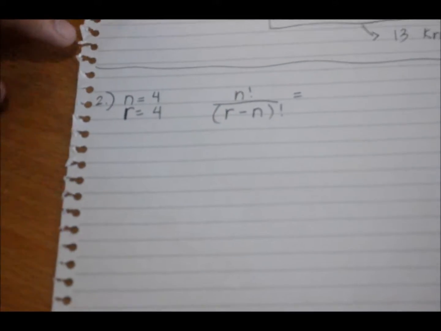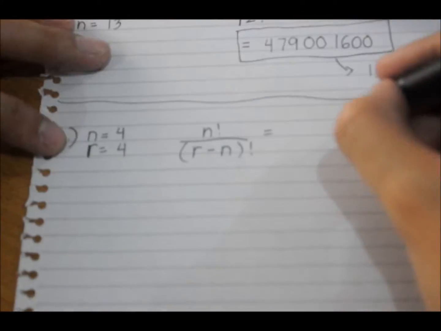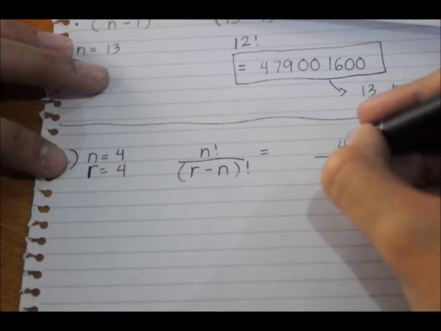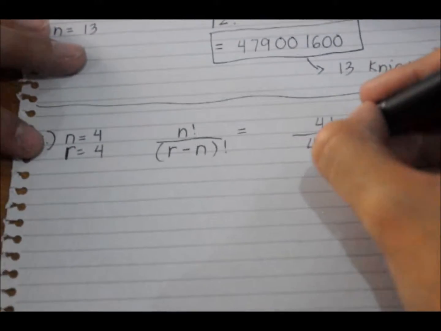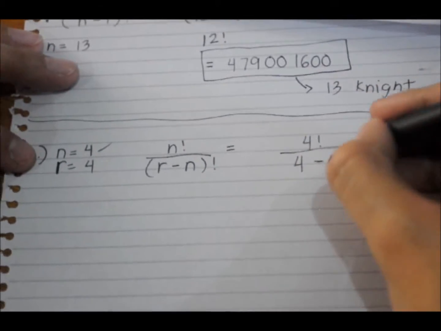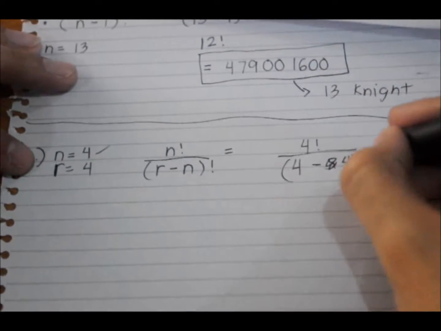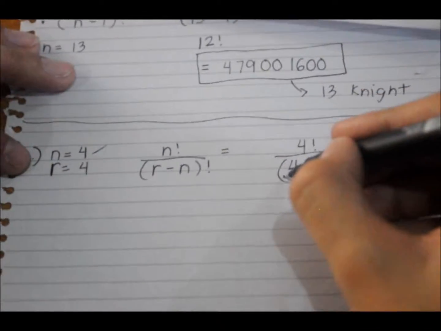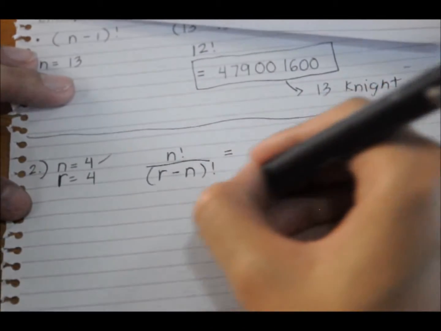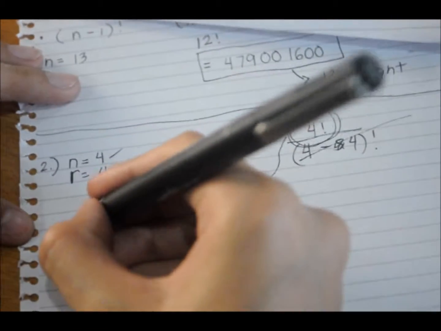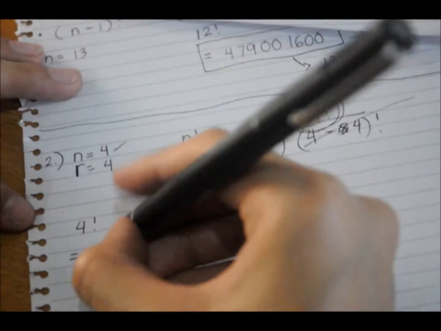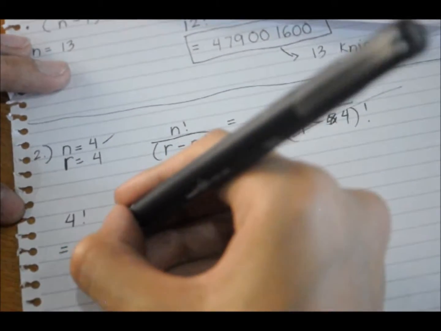Just substitute the value. n is 4, r is 4 minus n factorial. Cancel this out. The only remaining is 4 factorial, and the answer is 24.